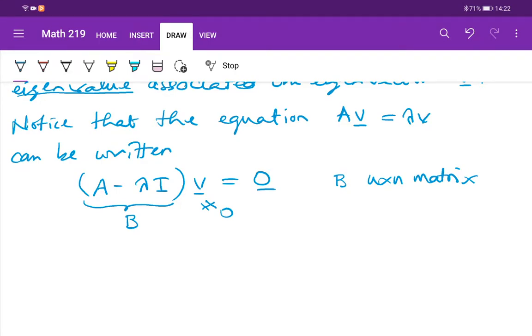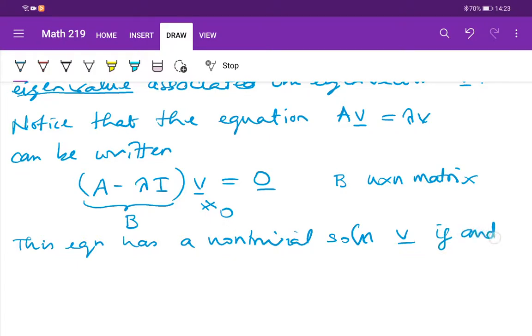So this corresponds to a homogeneous system of equations, and it has a non-trivial solution V. This is only possible if and only if B is not invertible.